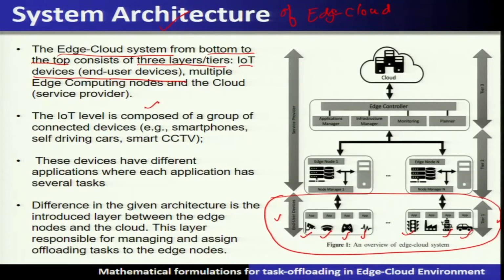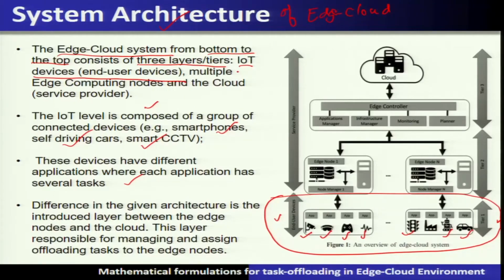So, this is level 1 or tier 1, composed of a group of connected devices such as smartphones, self driving cars, smart CCTV and so on. Now, these devices have different applications where each application is running different tasks. So, you can see that there is a diverse set of IoT devices which are to be supported by a common architecture of an edge cloud system.